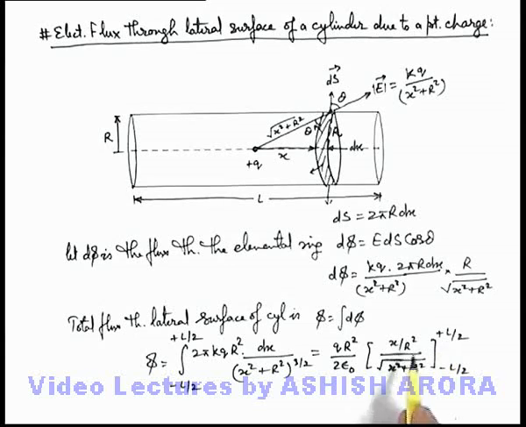If you just substitute the limits here, r square gets cancelled out, and the total flux we can write as q by epsilon naught times L by root of L square plus 4r square.